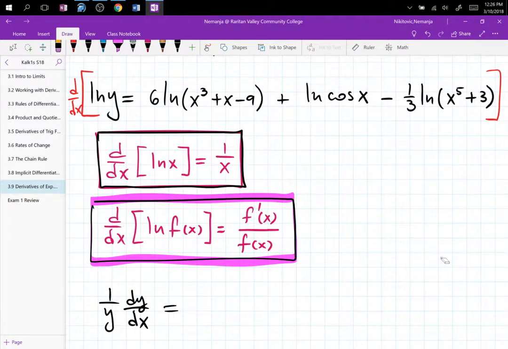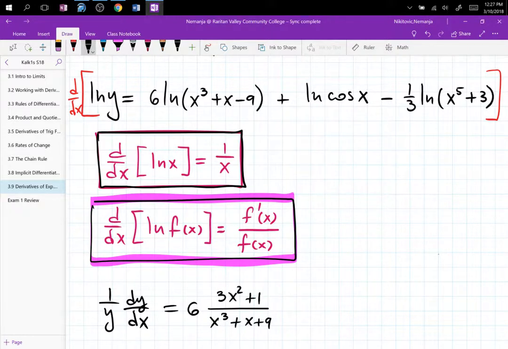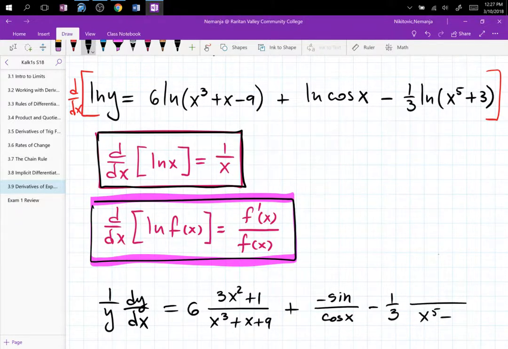Equal to, and now I have these 3 derivatives following the bigger formula. Copy 6, take the denominator, copy it as is, put its derivative on top, plus take the denominator as is, take its derivative on top, minus 1/3, take the denominator as is, put its derivative on top.